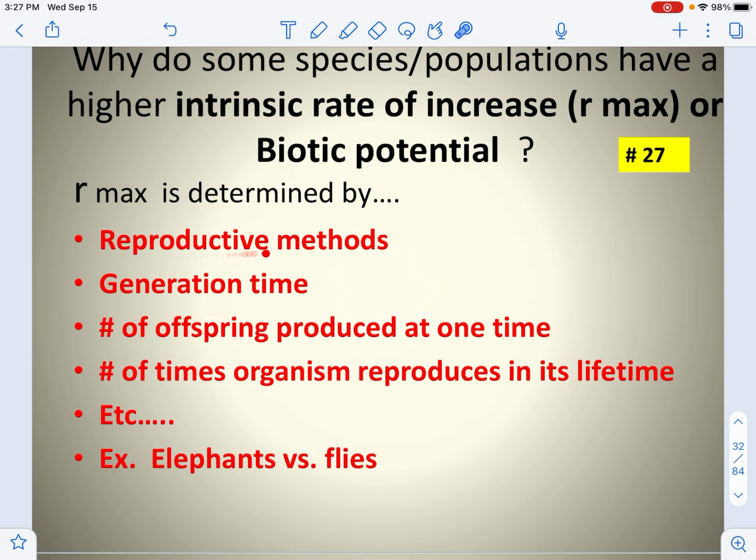In the example I just gave you, fruit flies versus elephants have a different biotic potential. So how many offspring are produced at once? How many times does the organism reproduce in its lifetime? What's the generation time, etc.? You can see fruit flies and elephants have very different methods here.